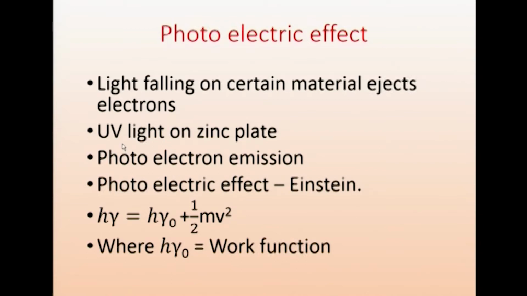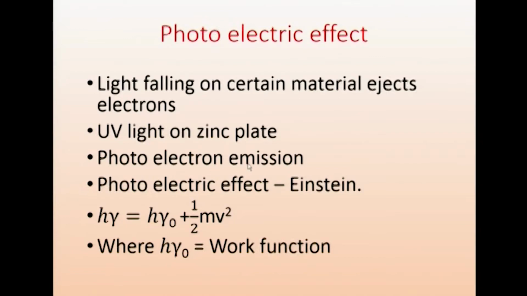For example, if ultraviolet light is falling on a zinc plate, we get electrons coming out. What type of material is that? That material should have electrons with a small work function, that is the energy required to remove the electron, which must be small. Then the incident energy must be greater than the energy required to remove the electron, or at least equal. Then the electron will be able to come out.